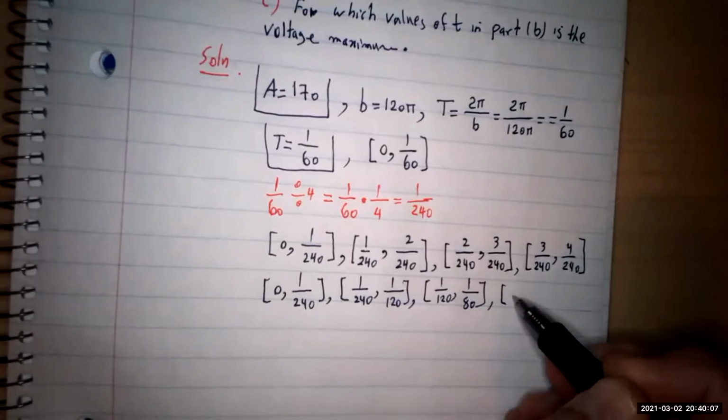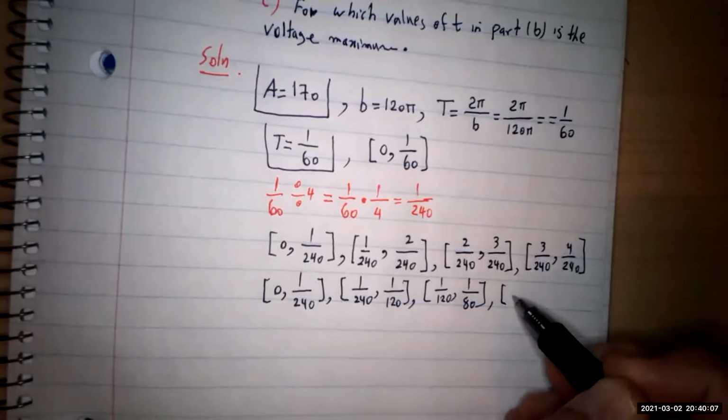This point is (1/60, 170). So if you put t equal to 1/60, you get 170. This point over here is the same thing: t is equal to 0, but the value of the function is the maximum, 170.